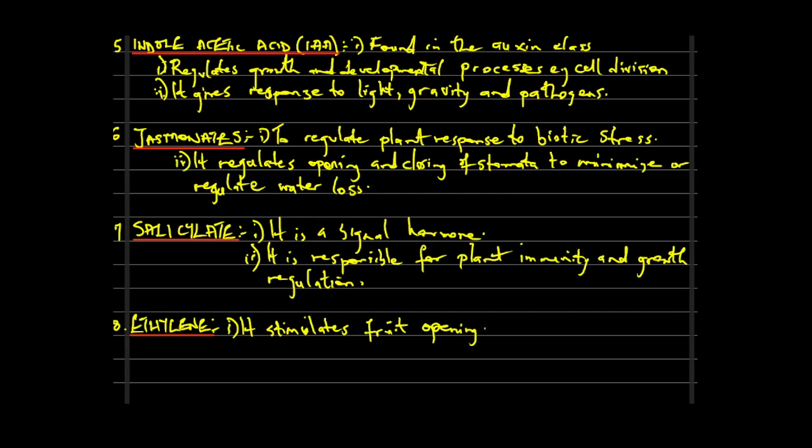It makes it possible for the fruit to open so as to bring about normal fruiting in the plant. And then it is responsible for determination of sex of flower. It helps to determine sex of flowers.